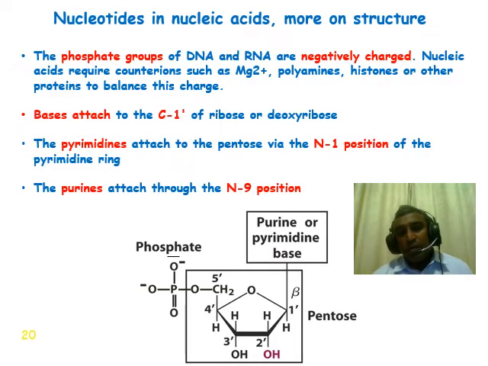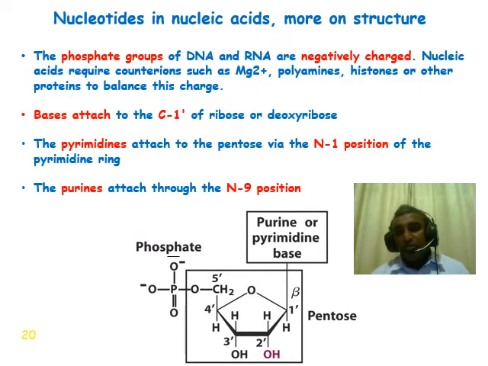Next, we have more understanding about the nucleotide structure, where the phosphate group found in one nucleotide comes together to become a polynucleotide. Therefore, these phosphate negative charges play a major role. The phosphate group having the negative charges will attract positive counter ions, such as magnesium.